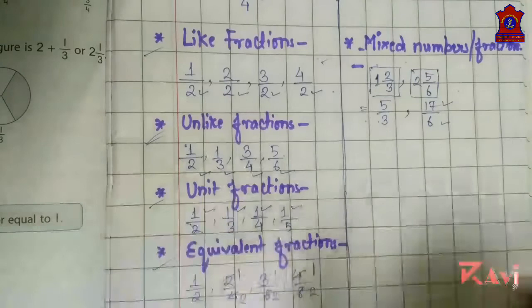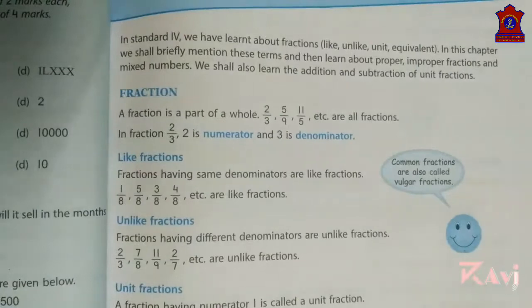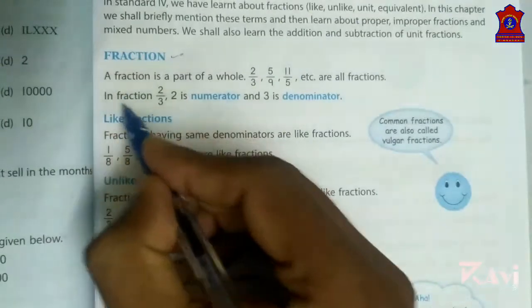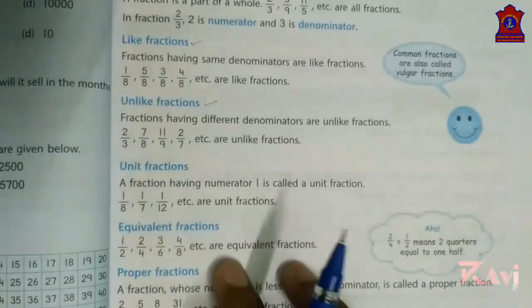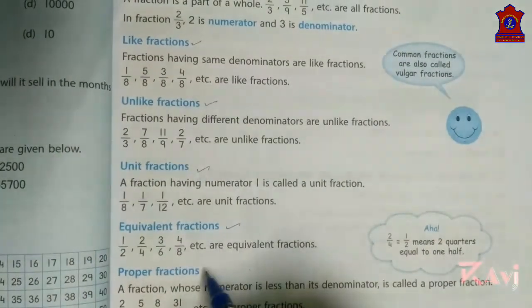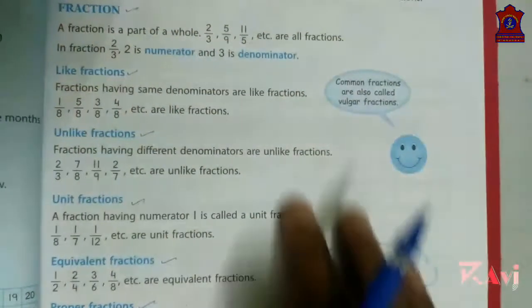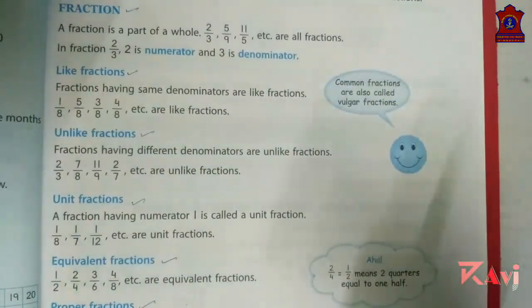Look at your book, page number 53, write fraction with this example, definition, like fractions, unlike fractions, unit fractions, equivalent fraction, proper, improper fractions, and mixed number in your copy. Write all these in your copy today. Clear? Complete it by today. Next day we will be starting with a new exercise, which is exercise 5.1.